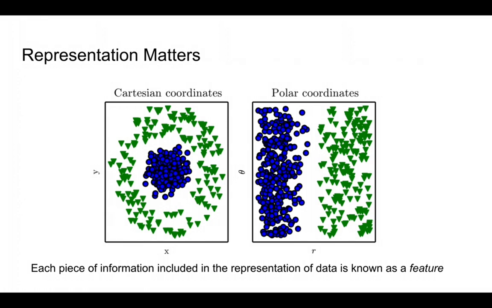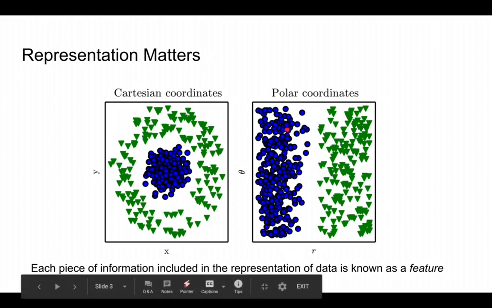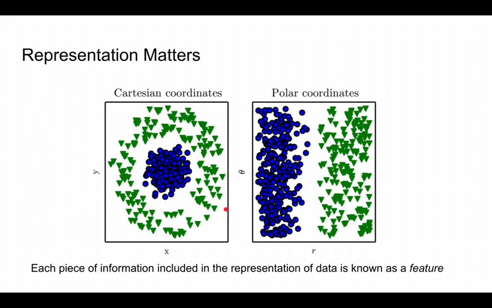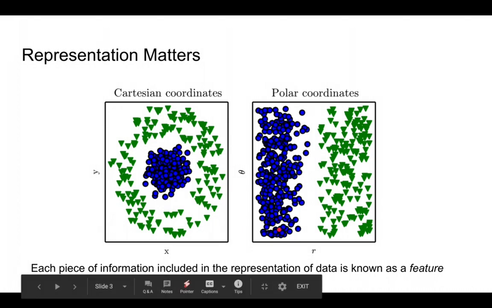With appropriate mapping, the data can be mapped to r, theta coordinates. With this simple transformation, the blue data will be distributed at a radius closer to the origin, while the green data will be distributed with a larger radius.